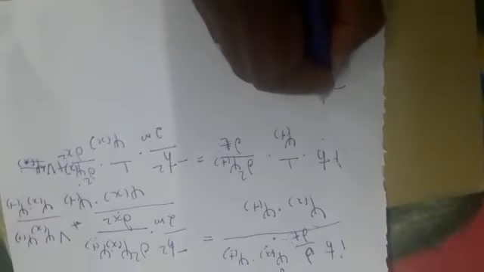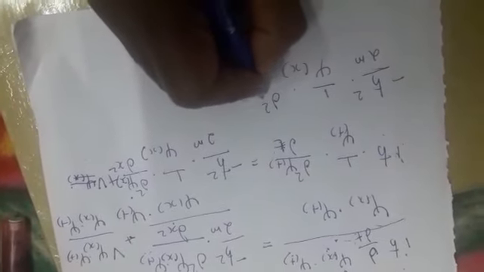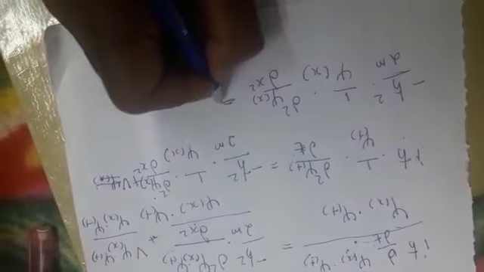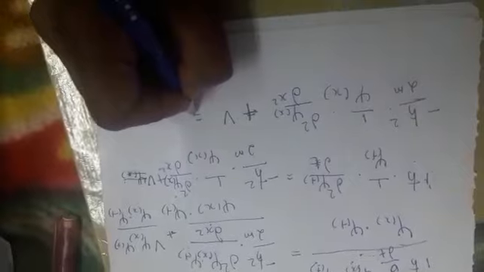So now consider this term, RHS: -ħ²/2m into 1 by psi of x into ∂²psi by ∂x² plus V is equal to a constant. That constant is taken as E.